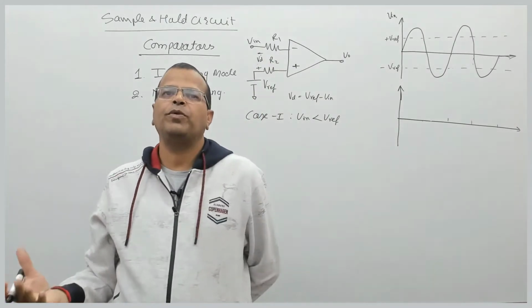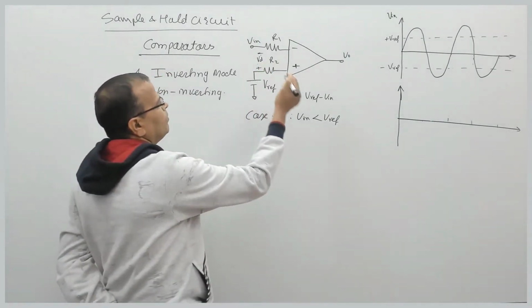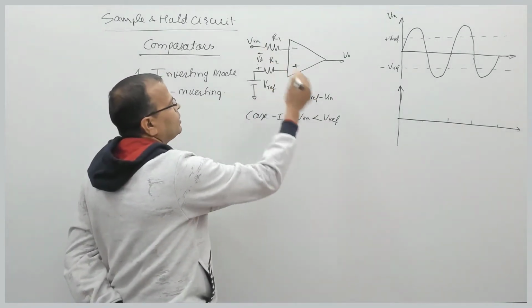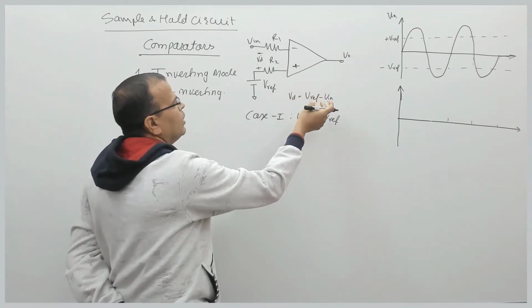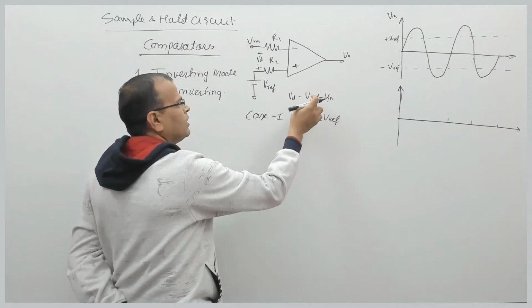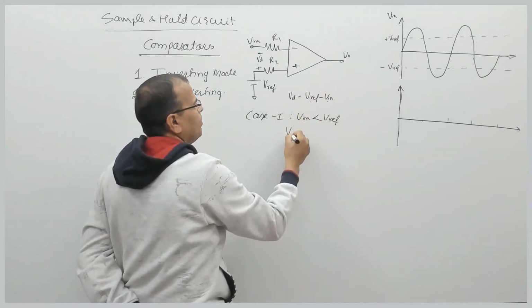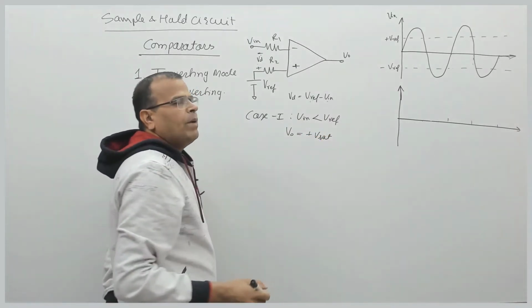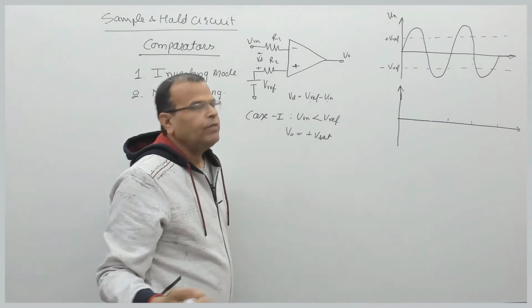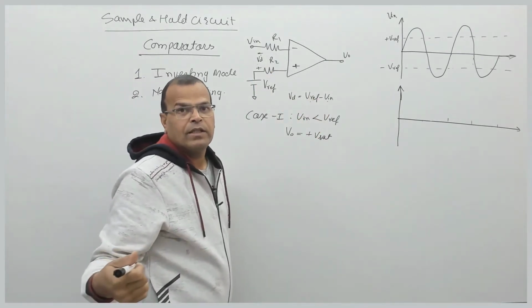When the differential input is negative, the output voltage is negative. So Vd will be positive when the input voltage is less than Vref, right? So when the input voltage is less than Vref, Vd is positive, so the output voltage will be equal to plus Vsat. Why? Because the differential input voltage is positive, so the output will be plus Vsat.